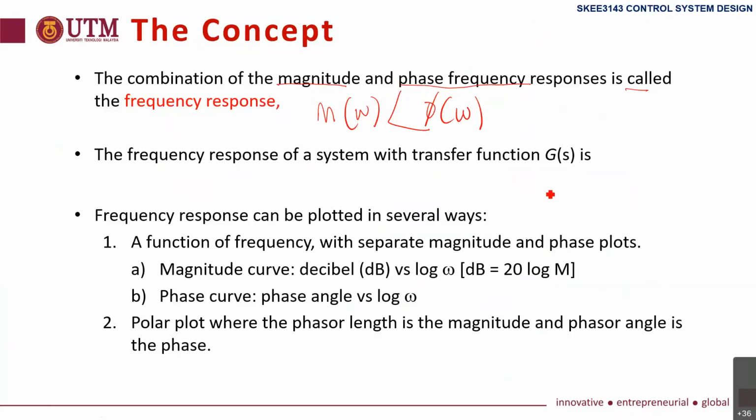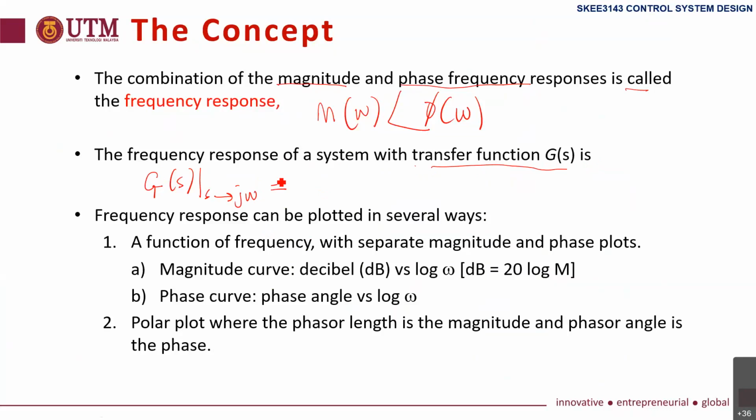Usually, we have a transfer function, G(s). The frequency response of a system with G(s) is obtained by changing G(s), substituting s with j omega.